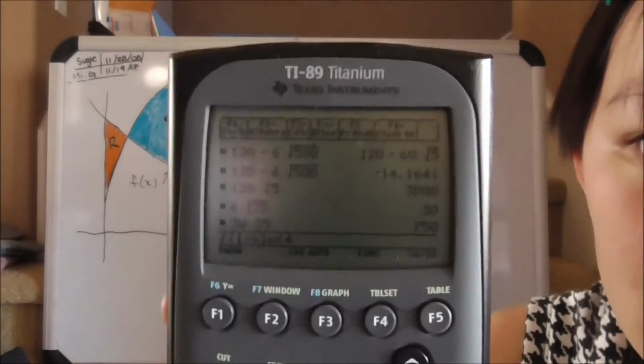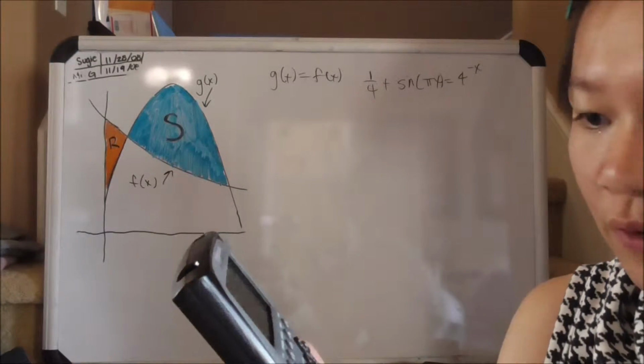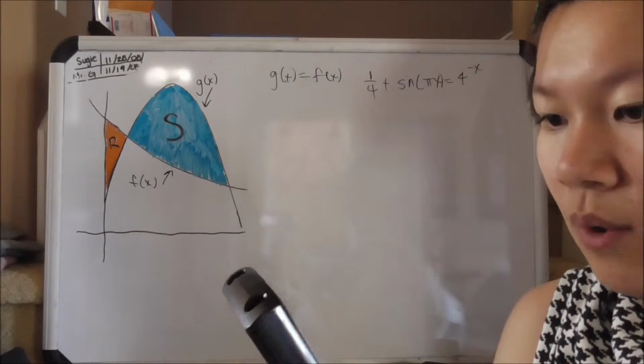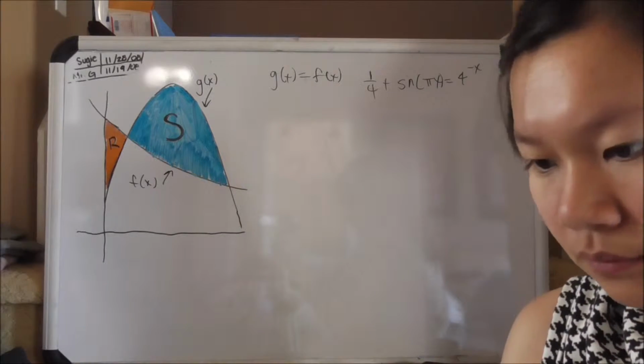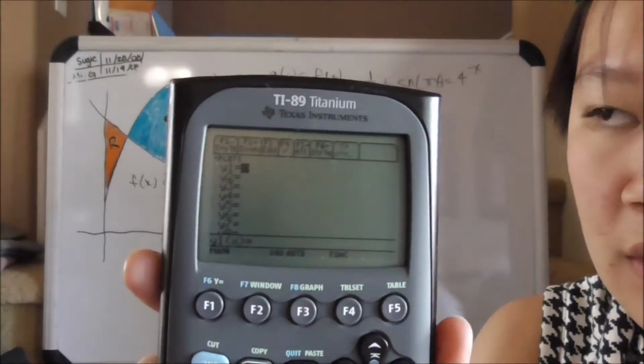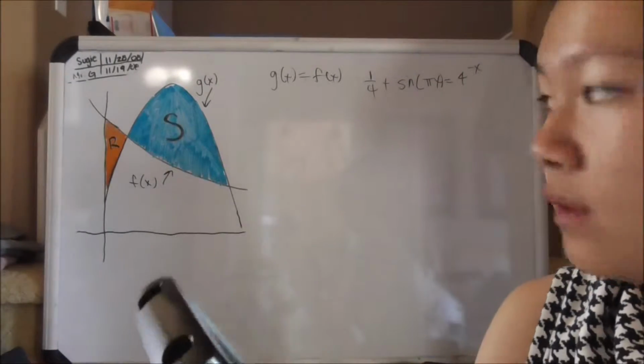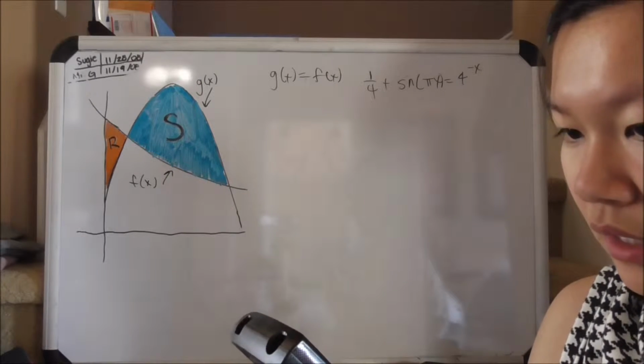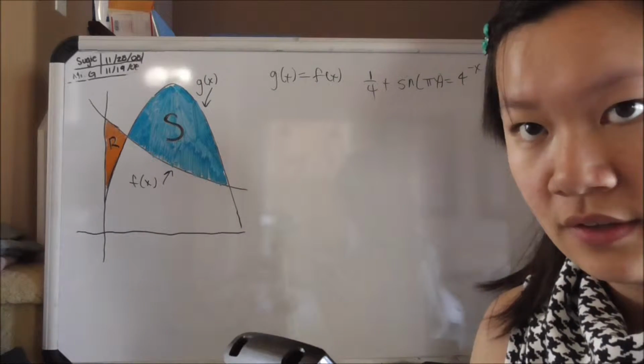When you have a graphing calculator like mine, you will first find the y input section. There should be some area that you can use to input equations as y equals. So I'm going to plug in f of x and g of x into here.